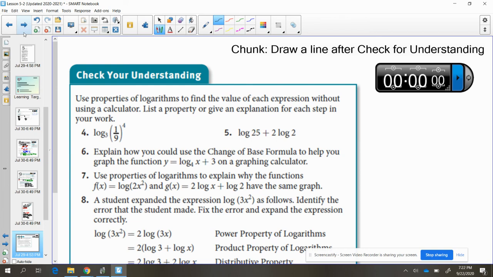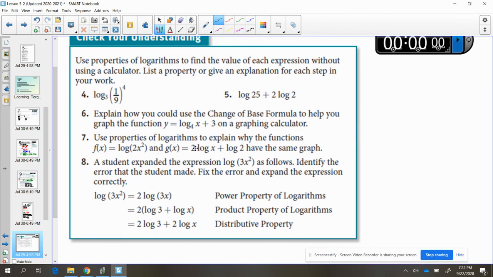All right, last couple of things. A reminder that you can use the change of base formulas to help you plug things into your calculator as well as graphing.